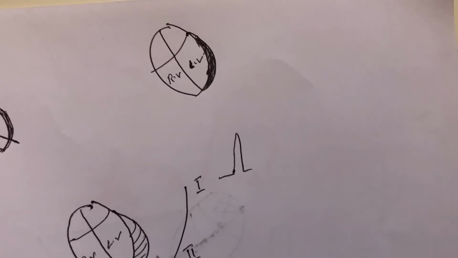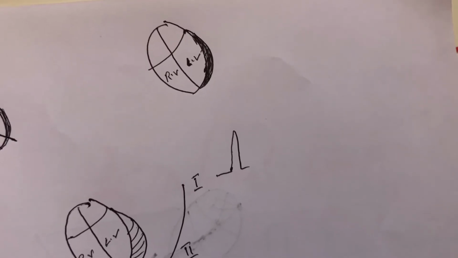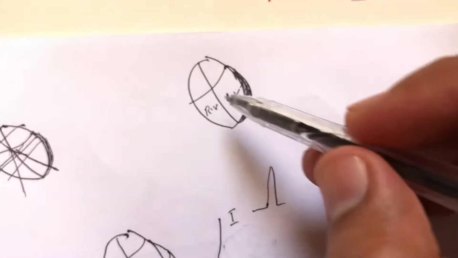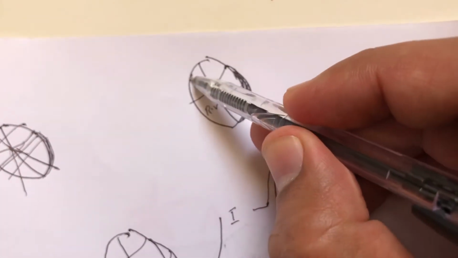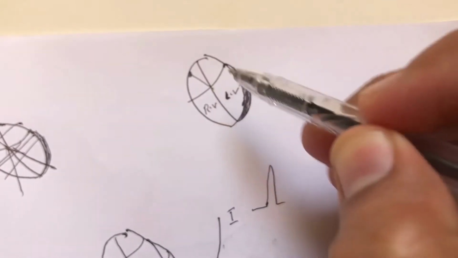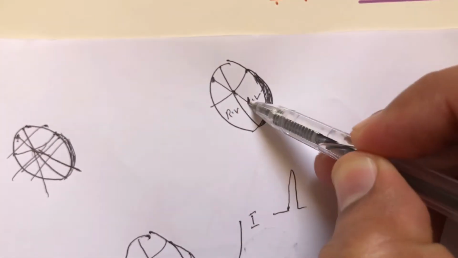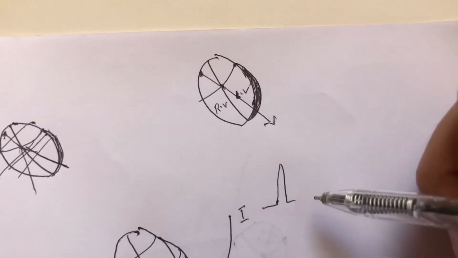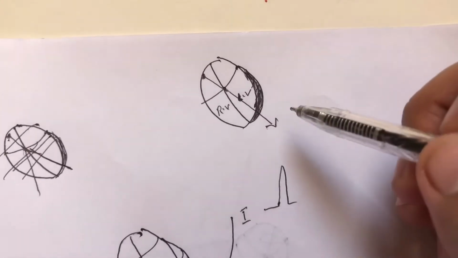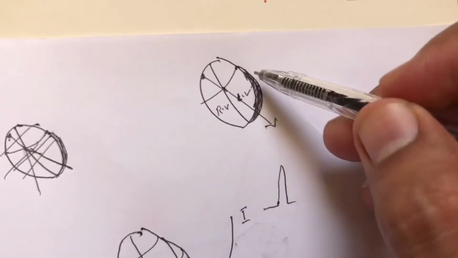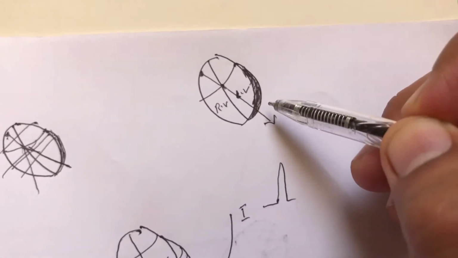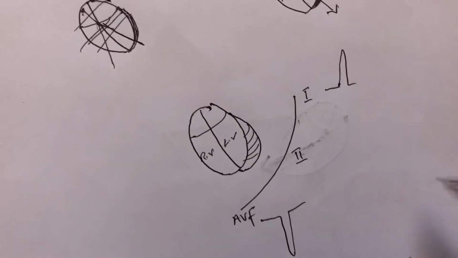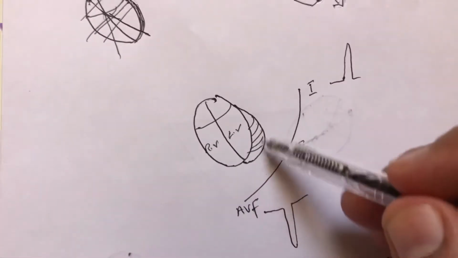We said the action potential will start from here, come like this and spread like this. Now let's consider that the mass of the left ventricle is increased, because of, say, chronic hypertension.